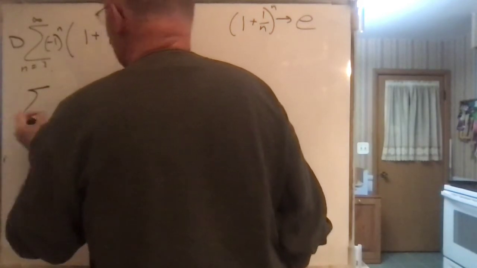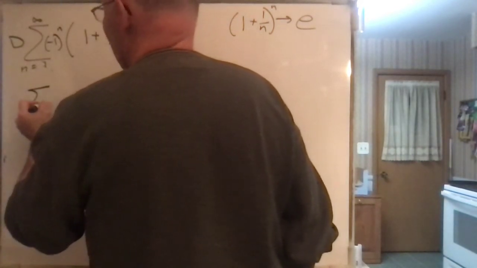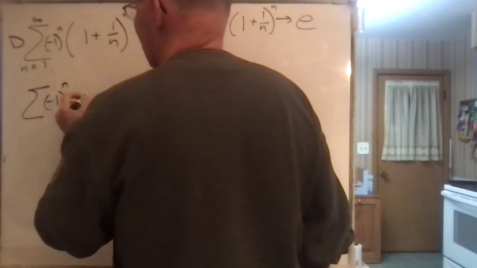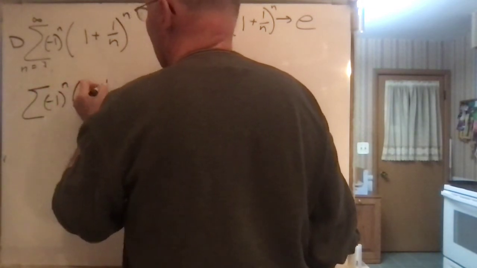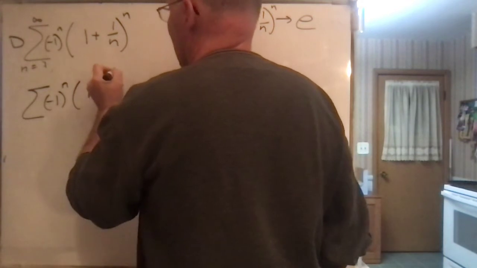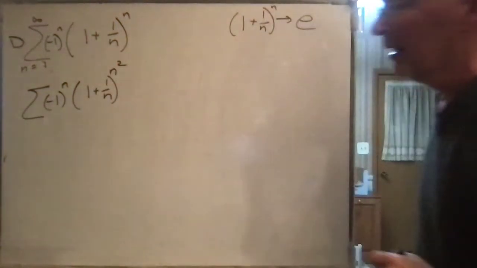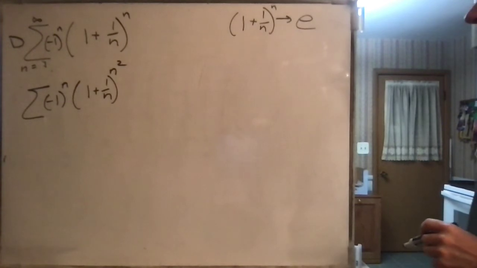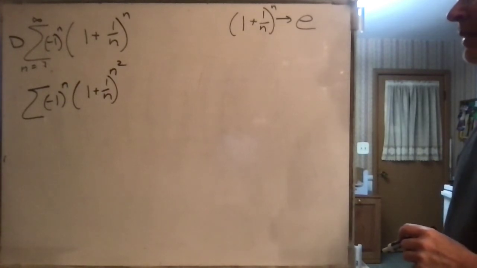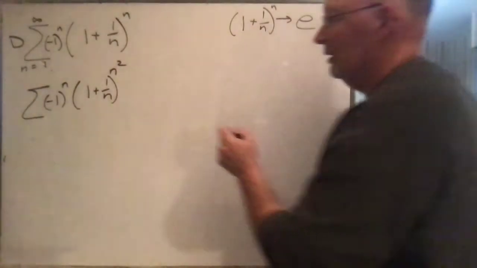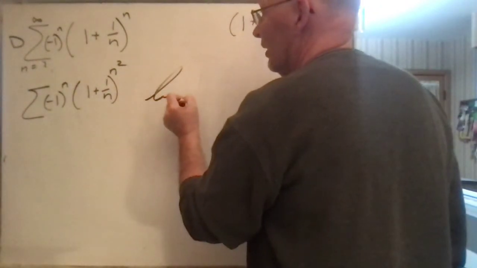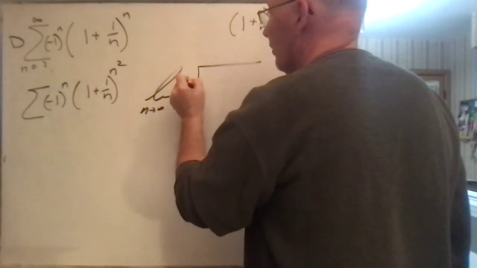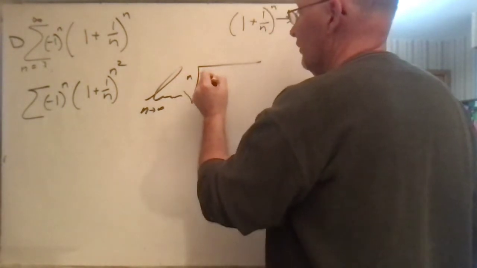How about this one? How about that? Well, here's what you can do here. You can take the limit as n goes to infinity of the nth root of the nth term.